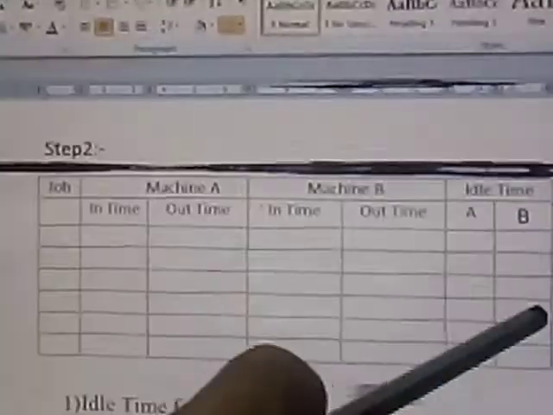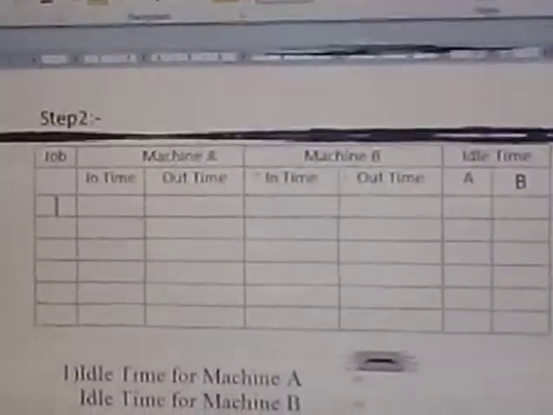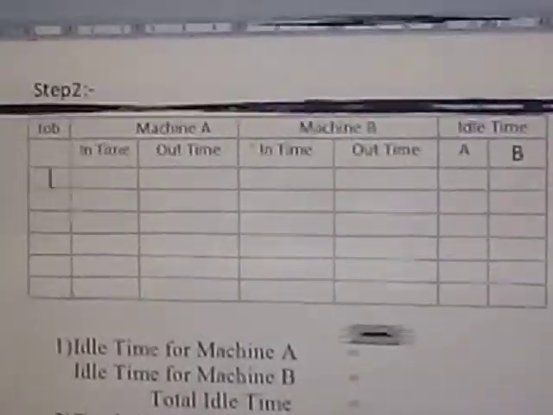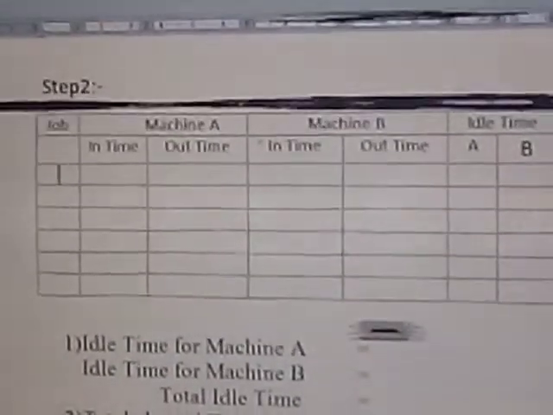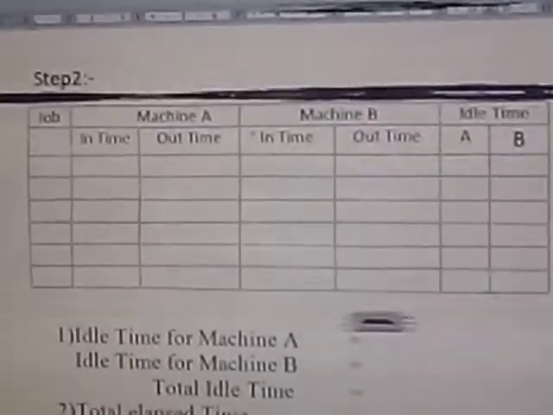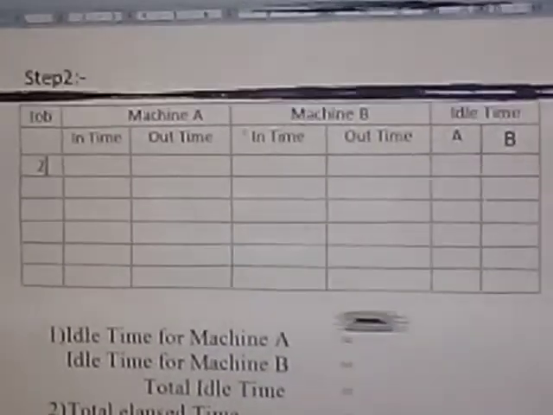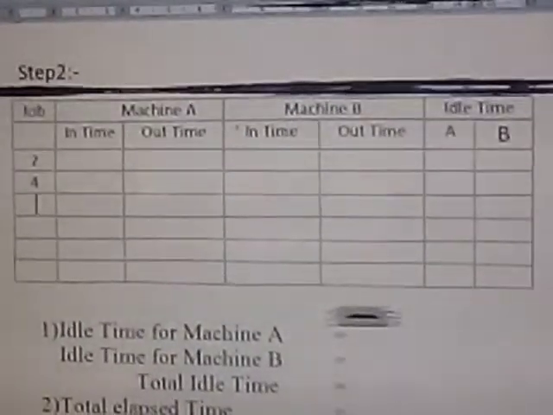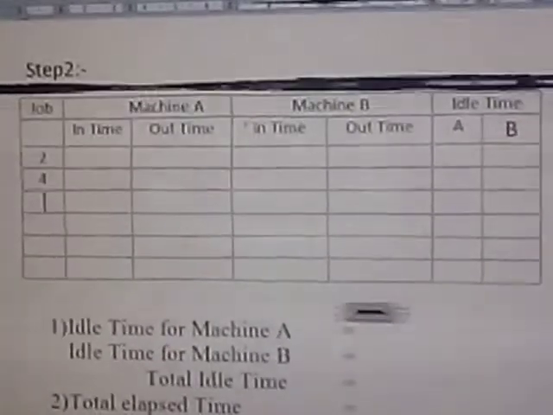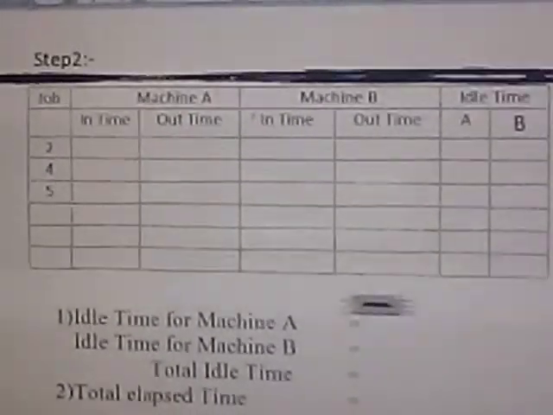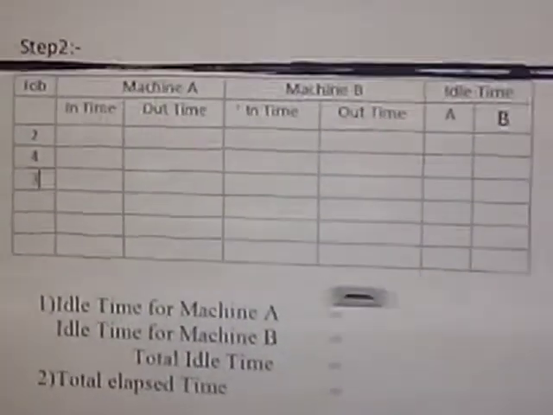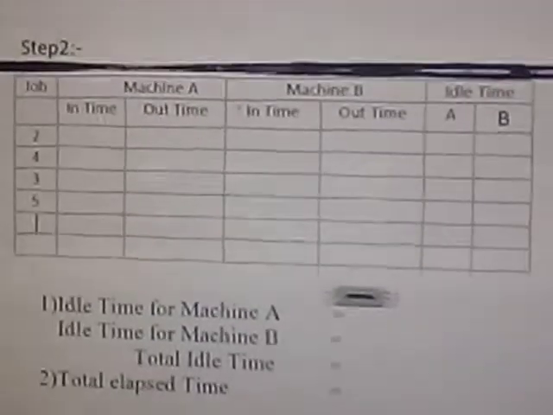Then the idle time for machine A and machine B. First we write down the optimal job sequence in the table under the job column: 2, 4, 3, 5, 1.